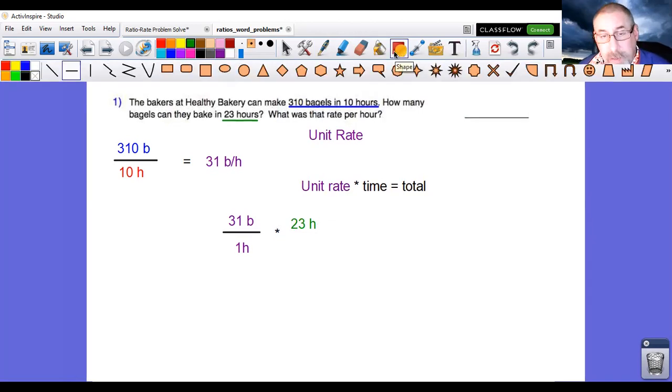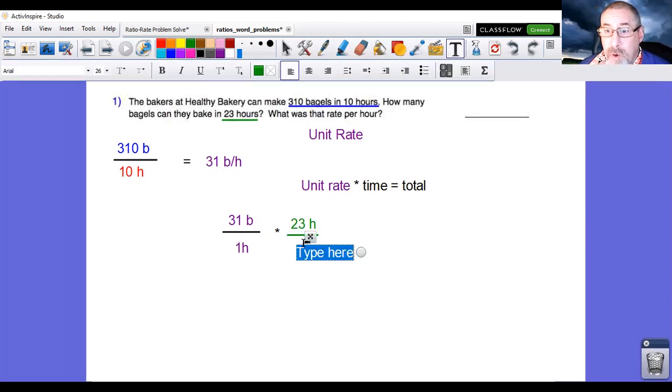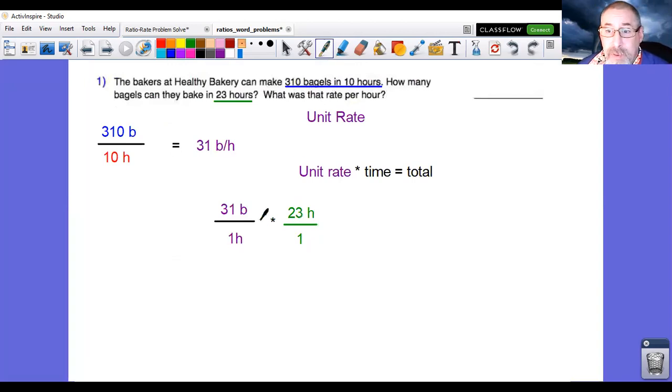I want to make this a fraction, so it's a fraction times a fraction to make this real easy. We know that we can put anything over the value of 1. So that doesn't change the value. It's still 23 hours. However, I've got a nice little fraction here, and I know that my hours divided by hours are going to cancel out.